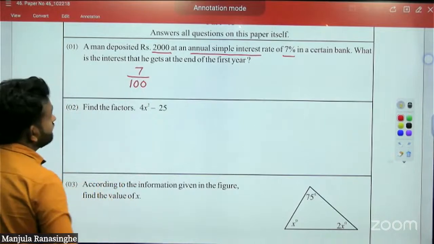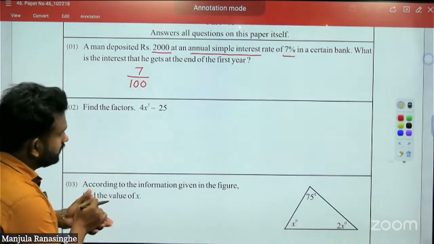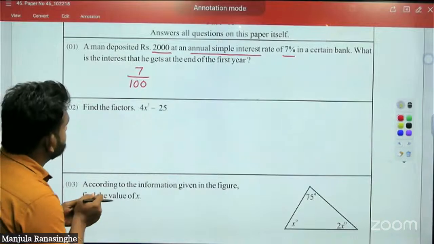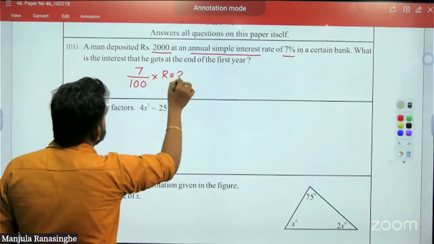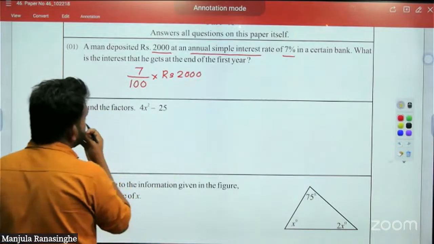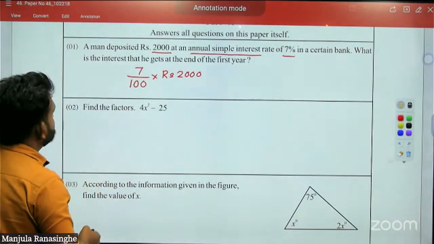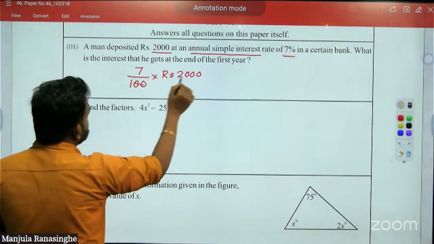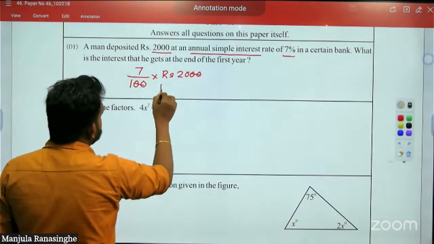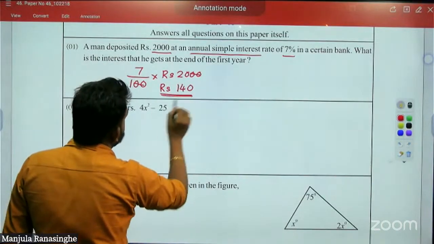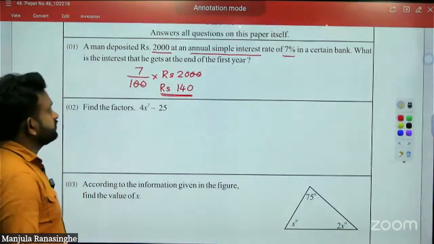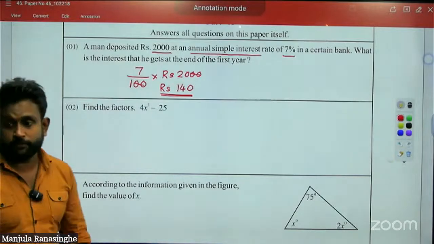That is what 7% simple interest means. So just multiply by rupees 2000. Two zeros are cancelled. Then 7 into 2 is 14, and 0. So rupees 140 interest is earned for this 2000 deposit.